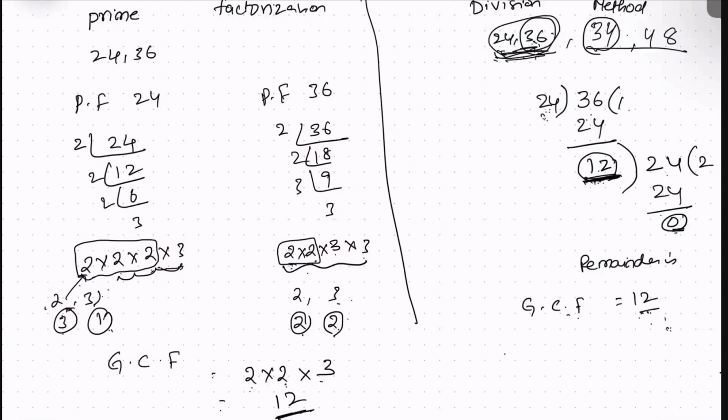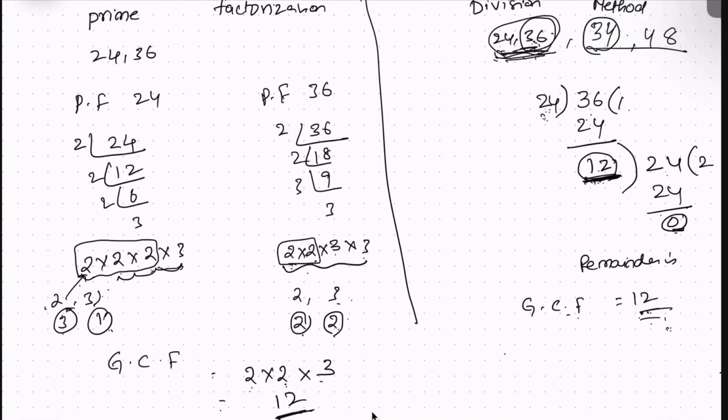See, the GCF from the prime factorization method and the GCF from the division method, they both are equal. I think it's clear. The GCF is the greatest common factor, and there are two different methods to find the GCF of a given set of numbers.